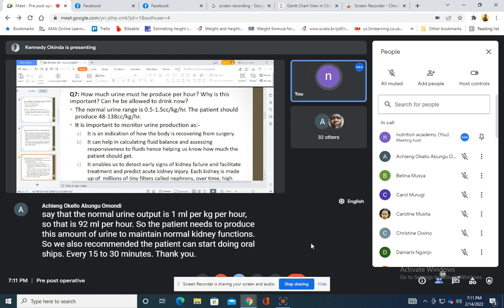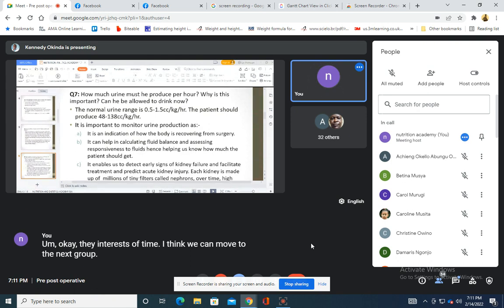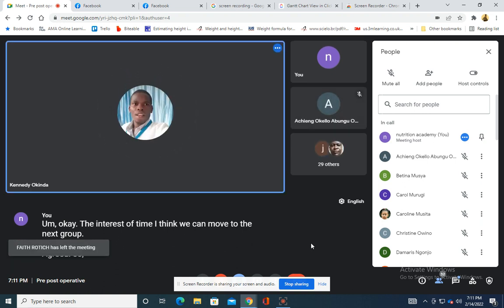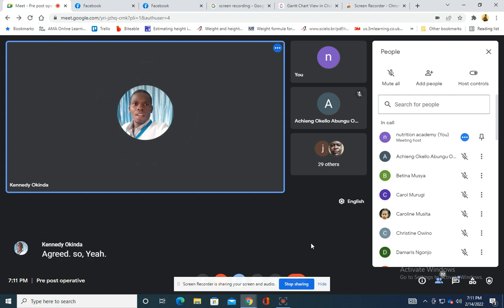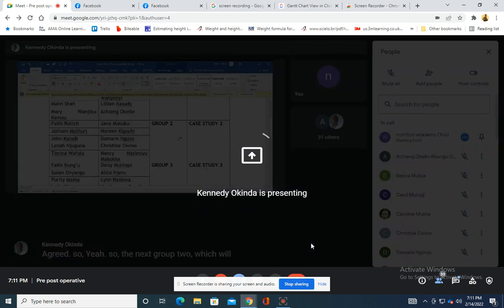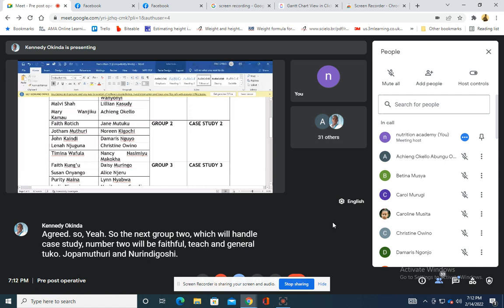Okay, in the interest of time, I think we can move to the next group. Yes, agreed. So the next group 2, which will handle case study number 2, will be Faith Rotich, Jane Mutuku, Jotham Mudhuri and Noreen Kigoshi.